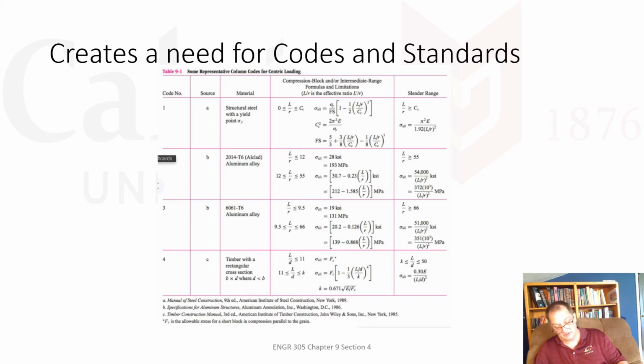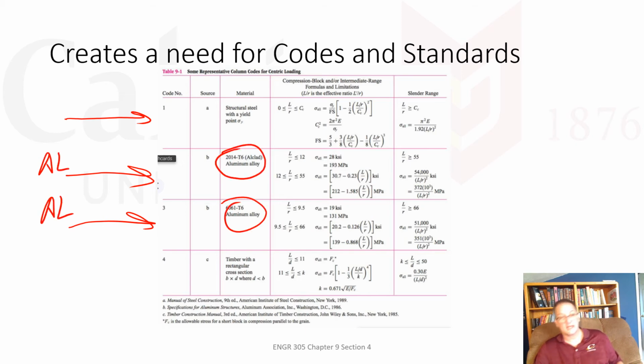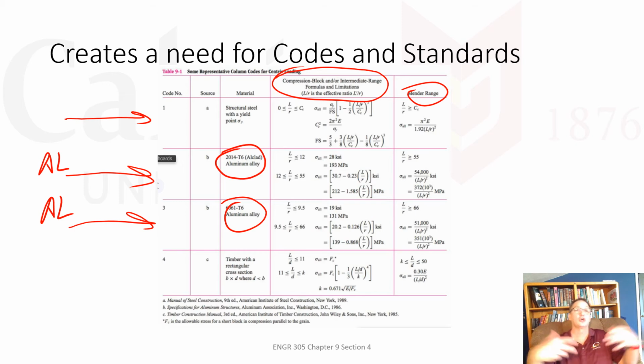This gets confusing too, in that here's a steel standard, and here's 2 different ones, this is aluminum and this is aluminum, but they're different aluminums. And different aluminums have different ways of solving them. Oh my goodness. And then they define what the slender range is and what the compression range is. And you get a cookbook for how to solve it.